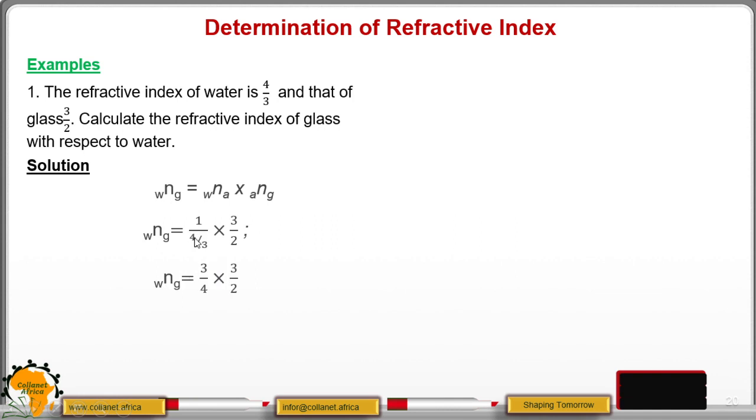So, 1 over 4 over 3 will be the same as 3 over 4. And then here we have 3 over 2. So, by multiplying the 2, you multiply and you divide. It is 1.125. That will be the refractive index of glass with respect to water.